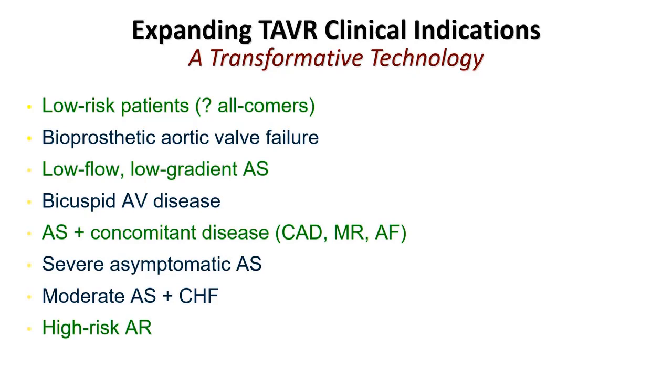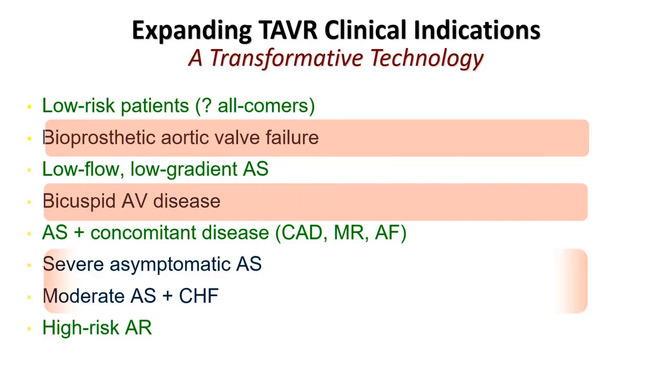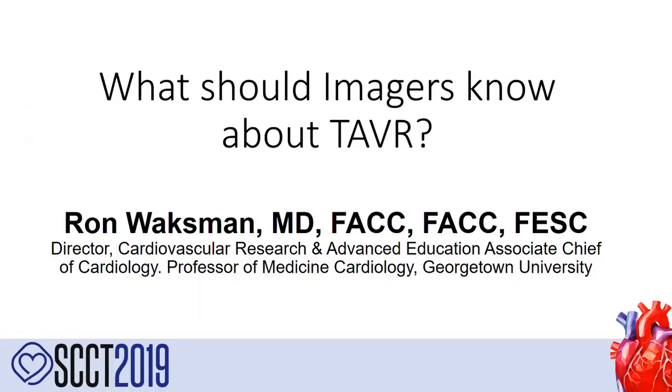We are also looking at low-flow, low-gradient AS, and patients who are going to have concomitant disease: CAD, mitral regurgitation, atrial fibrillation. Can we do ablation and put in a Watchman and put in the valve in the same setup? There's a question about reimbursement, but in other countries maybe it's applicable. And we are also thinking about devices that are going to take care of high-risk aortic regurgitation, because these are not there yet and are not addressed by the current system.